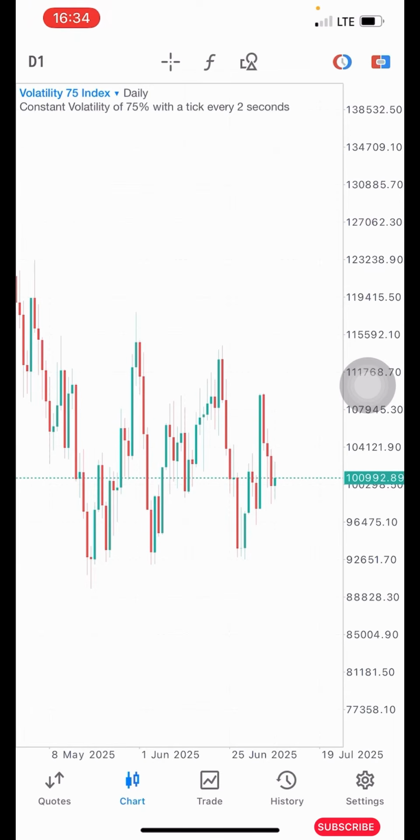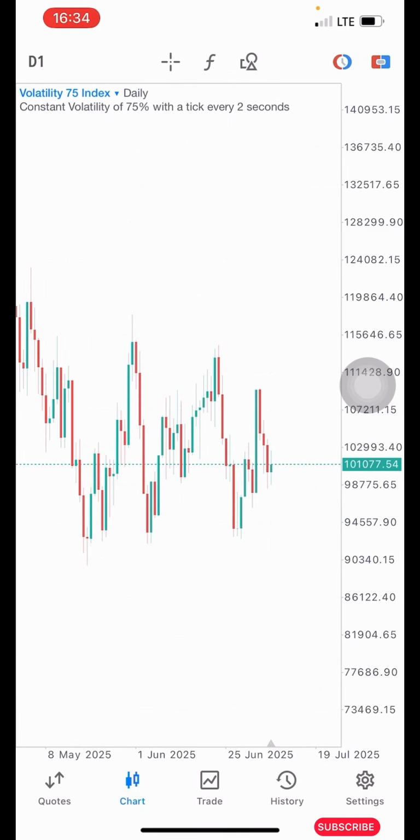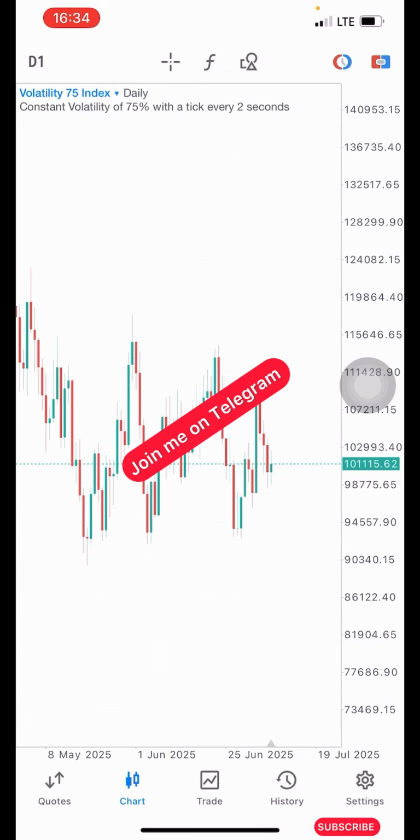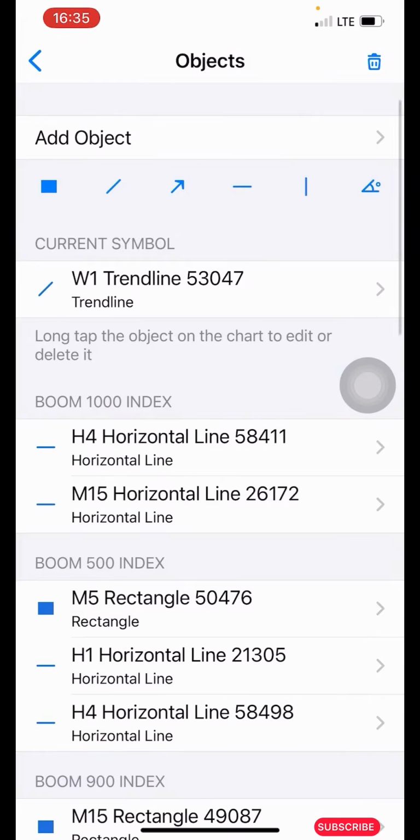All right, now this is what the market looks like on the daily time frame. As you can see, the market is kind of consolidating, going up and down, right? So I'm going to mark out the support and resistance zone here in the market, starting from this area here.